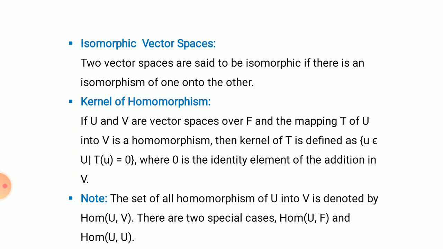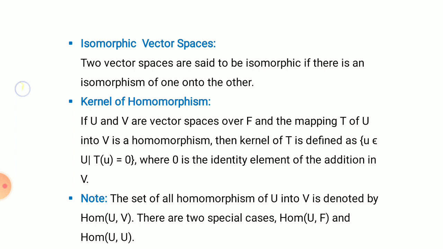Then when we say that two vector spaces are isomorphic, we have seen in group theory also. Here, if there are two vector spaces, for example U and V, and if there exists at least one mapping which is isomorphic from one vector space to the other, either from vector space U to V or from vector space V to U, then these two vector spaces U and V are called isomorphic vector spaces.